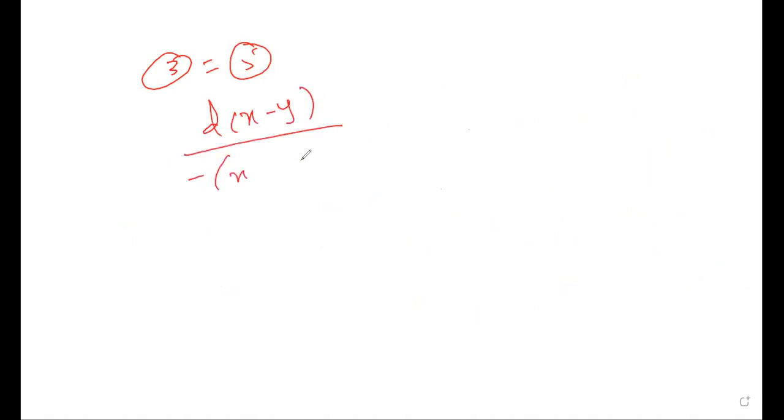So what do you think? Let's equate our 3 and 5. Let me write this way. d of (x minus y) over (x minus y) is equal to d of (x plus y plus z) divided by 2 times (x plus y plus z).